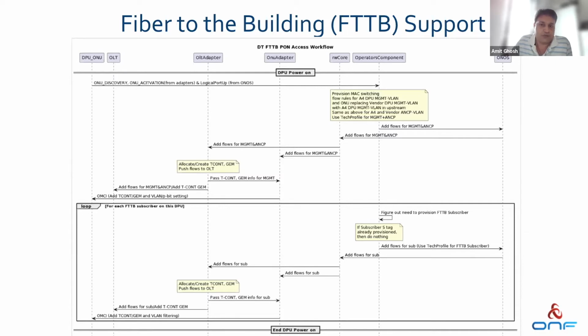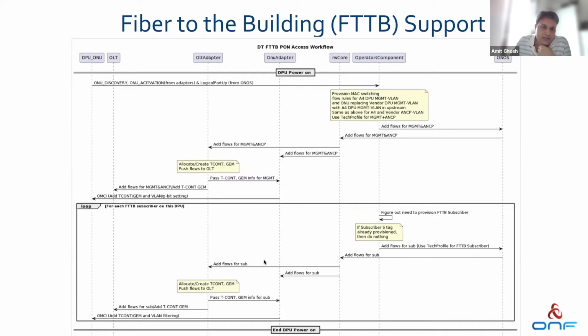The first flows added would trap the DHCP packets, and then internally it would also use the MAC Learner app to learn the MAC address of the DPU. Once the MAC address of the DPU is learned, it would provision the flow rules to switch the packets based on the MAC address of the DPU as well as on the management VLAN.